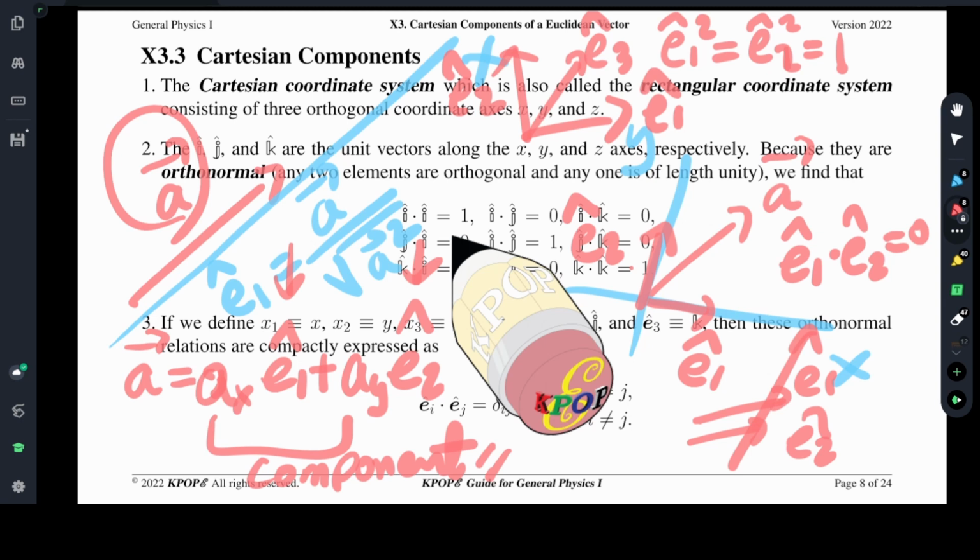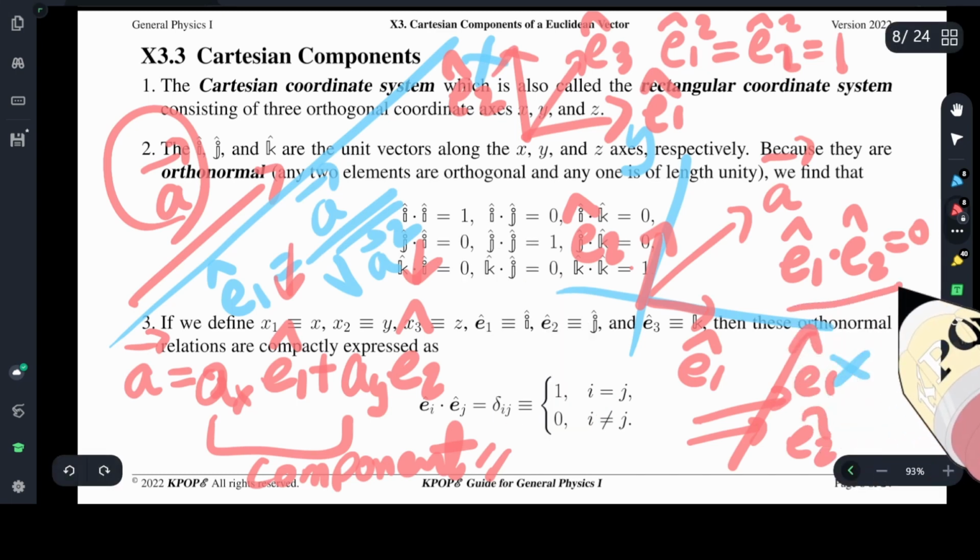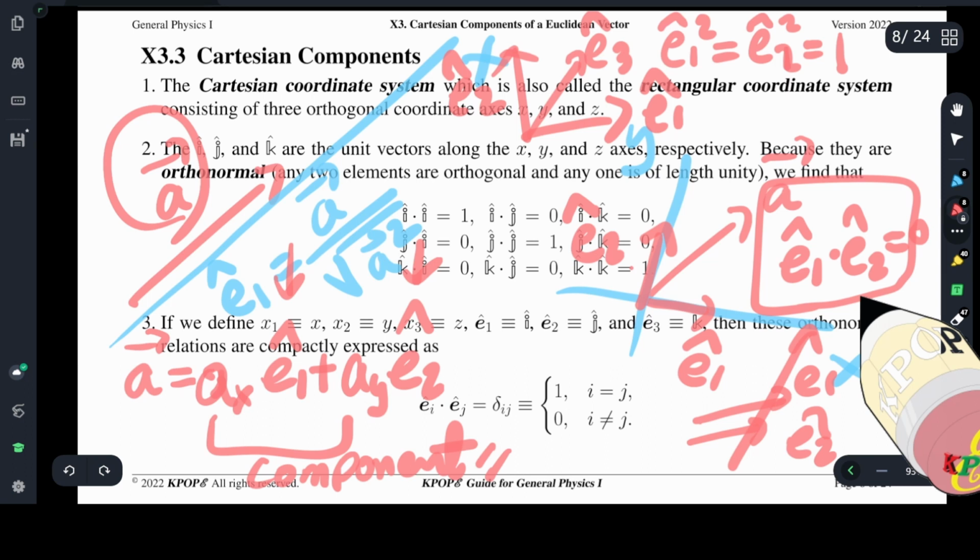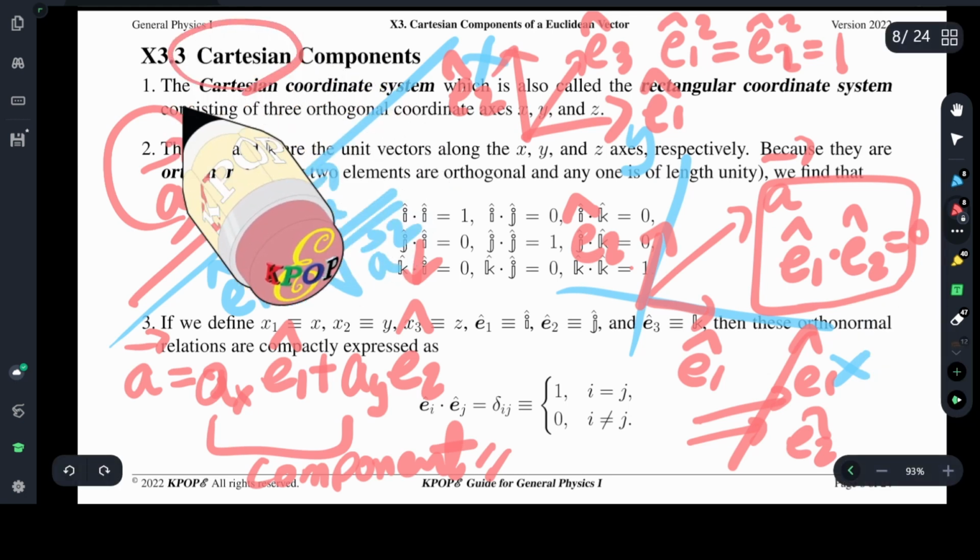There are many choices of bases, but the simplest choice is the orthogonal set, where all of the elements make right angles. In that case, the scalar product among them is always vanishing except for the scalar product of itself. This coordinate system is called the Cartesian coordinate.